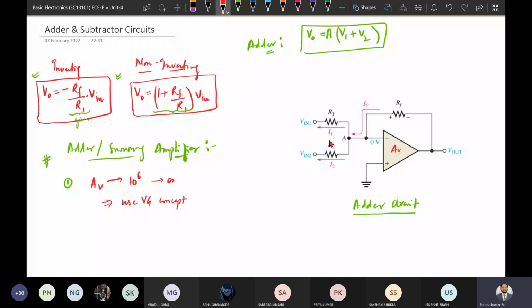That means we are considering the operational amplifier to be an ideal one, and then we use the virtual ground concept.